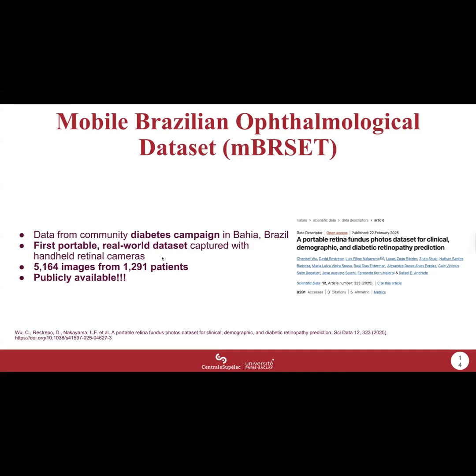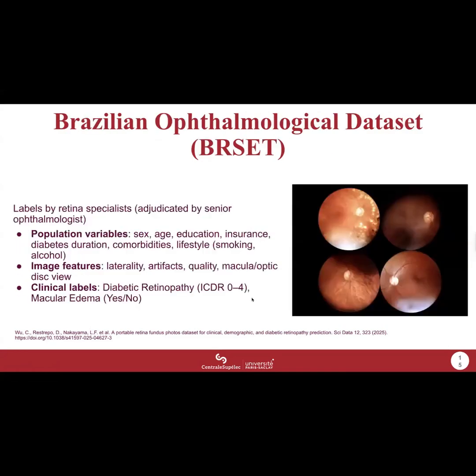It was created by a diabetes campaign in Brazil. It contains 5,164 images from 1,291 patients. And again, this is also publicly available. Something that we are kind of proud to say is that in this second data set, we managed to increase the number of demographic features or population variables.